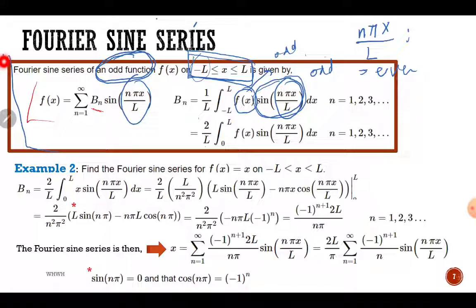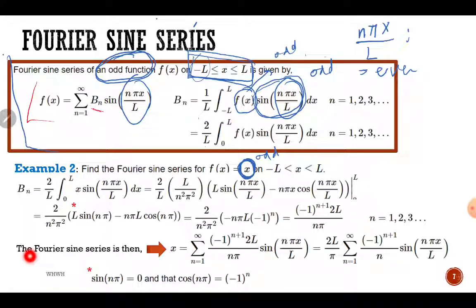Okay, can understand? So in this example 2, we have, find the Fourier sine series for f(x) equals x on negative L to L. So we know f(x) is an even or odd function? It is an odd function.